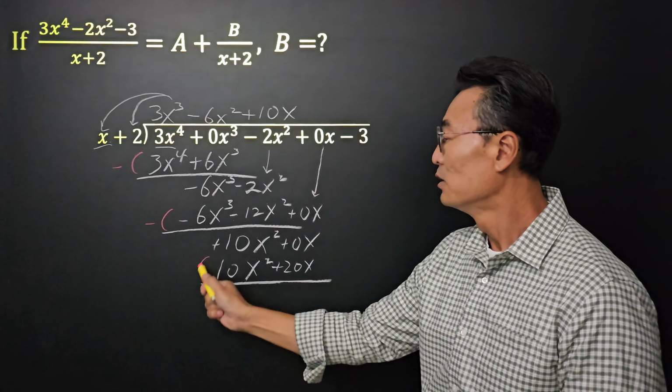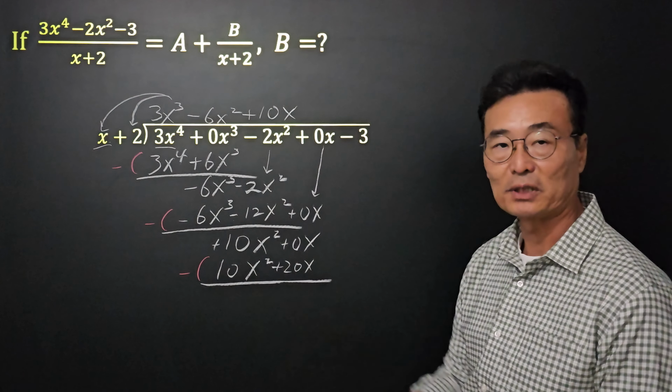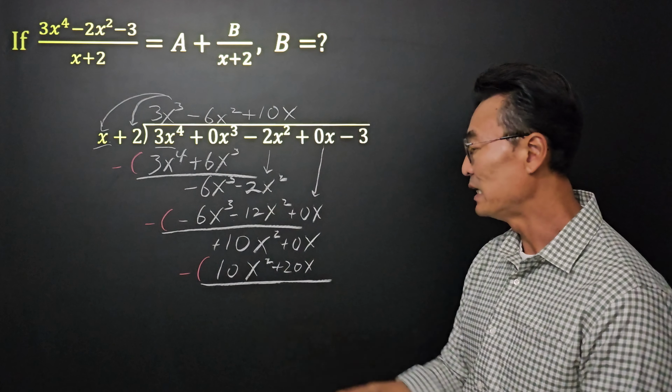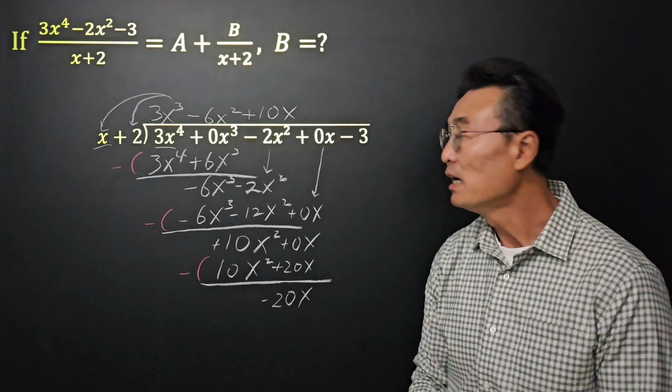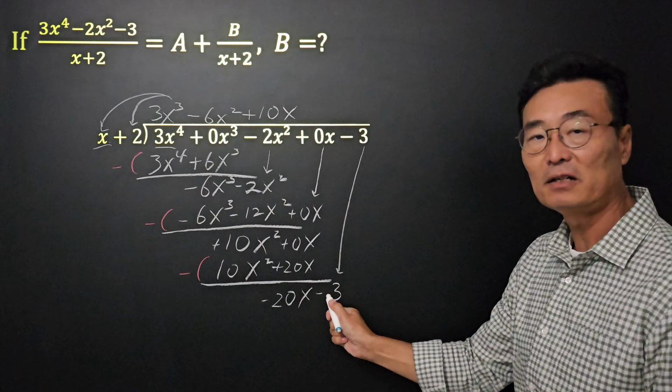Once again, we are subtracting, so then the 10x squared cancels out. 0x minus the 20x is going to be negative 20x.